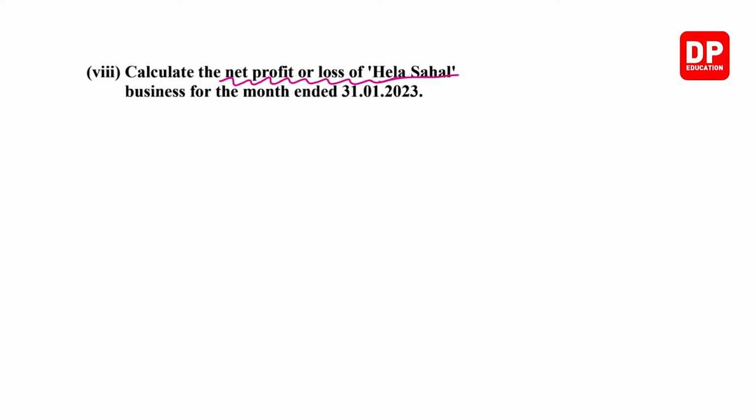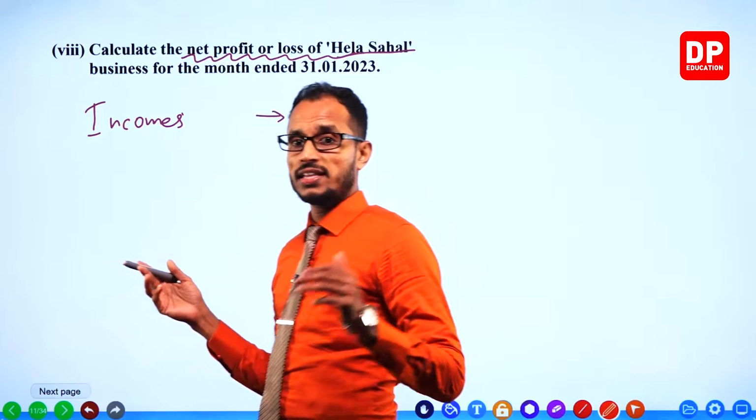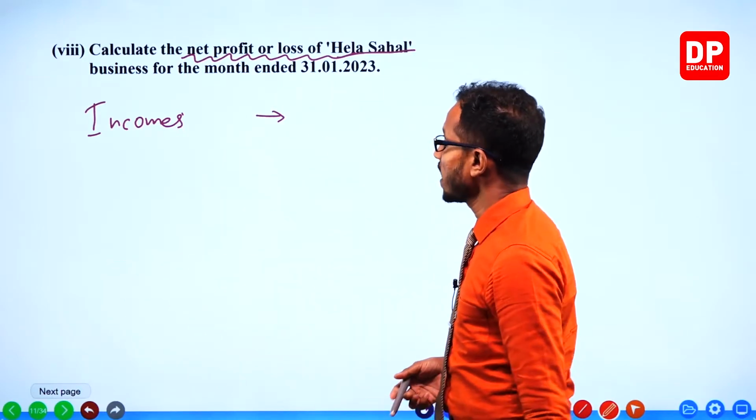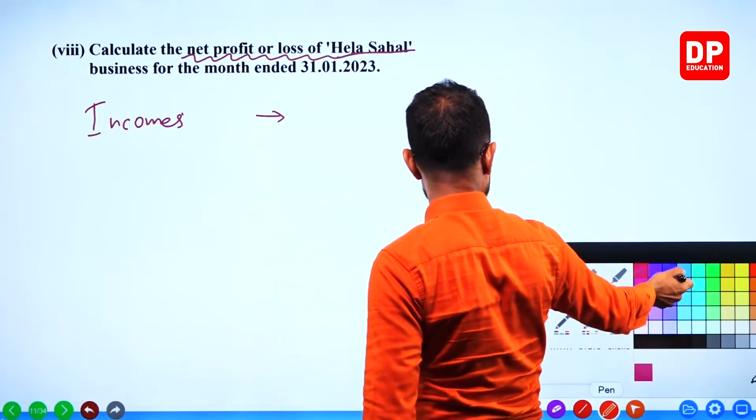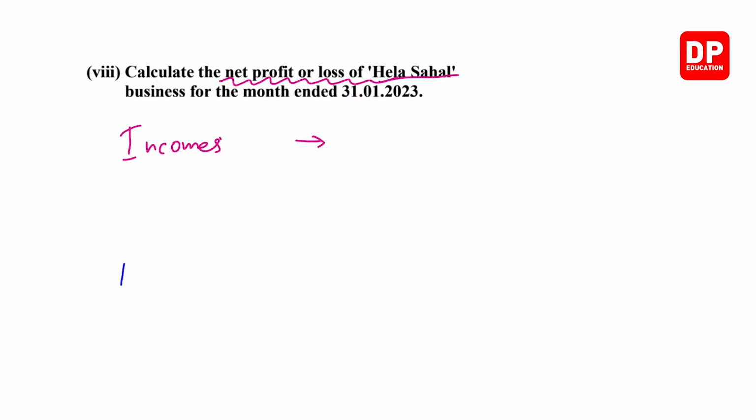Let's take the incomes and add them up, and then we have to subtract the expenses. We have to go to the case, note down all the incomes and expenses, right?